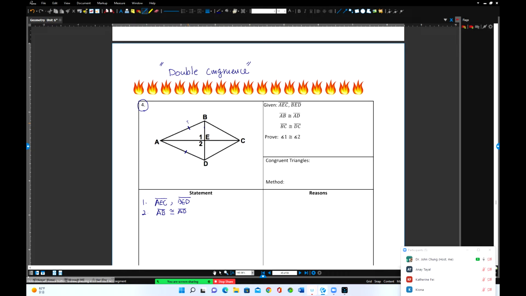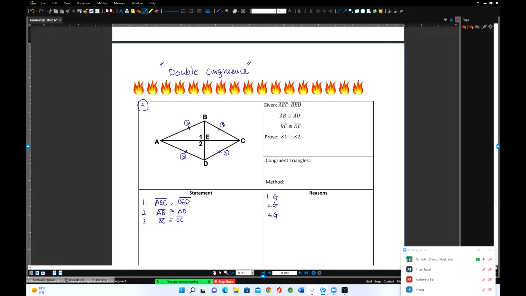These two sides, they're congruent, they're done. Third one is BC congruent to DC. This is already done too. This is a given. Second is a given. Third one is a given.